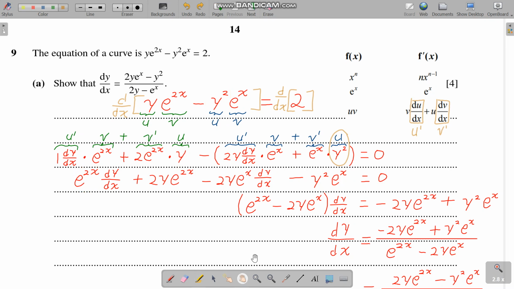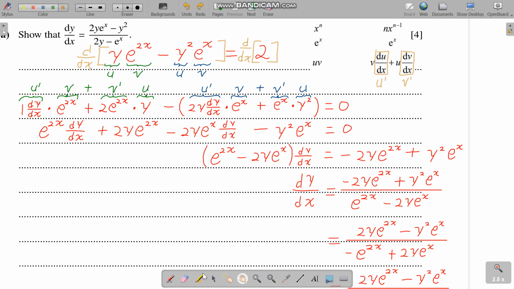Then we move the ones without the dy/dx to the right. We move this to the right and we move this to the right, so we add and subtract on both sides with the terms, and then we factorize the ones with the dy/dx.